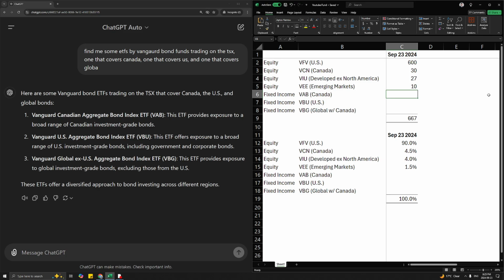So I'm going to add some fixed income into this portfolio that doesn't go down as much as the VAB, VBU, VBG. And that's what I'm going to use to try to time the market. I'm going to go into something really not volatile with less drawdown. And when the US market drops, and I know it's going to drop, I'm trying to have this series go on to see one of those drops.